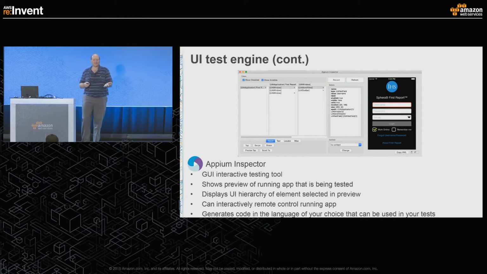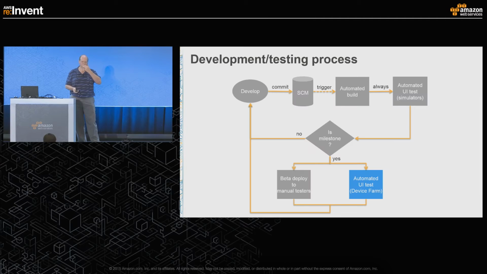And then on top of that, if you actually hit the record button, then as you're doing this, you can remote control your app and be recording at the same time, and it's basically writing the test code for you. And it's hard to see, but you can also pick what language you want to write the code in. So if you're using Appium with Java, it'll generate Java code. Appium with C#, it'll generate C# code. So that's also very, very nice, especially if you don't have a developer background.